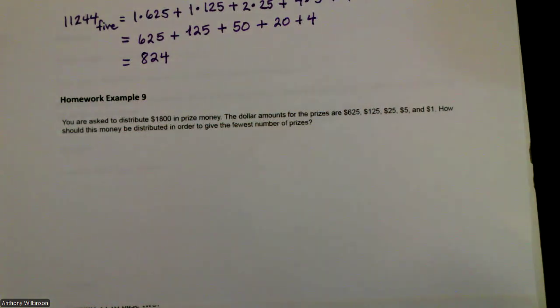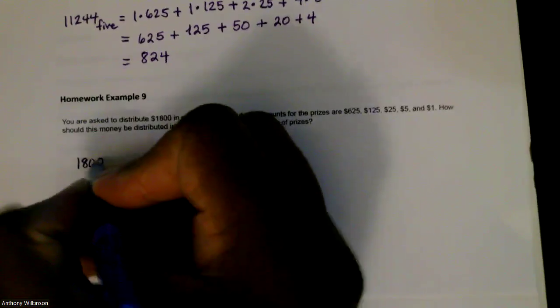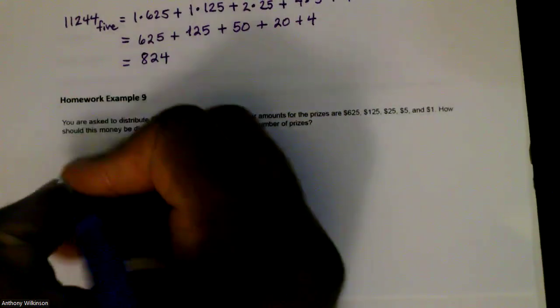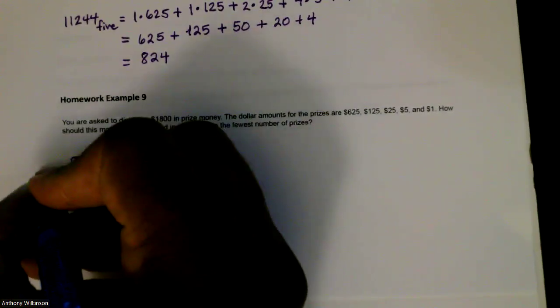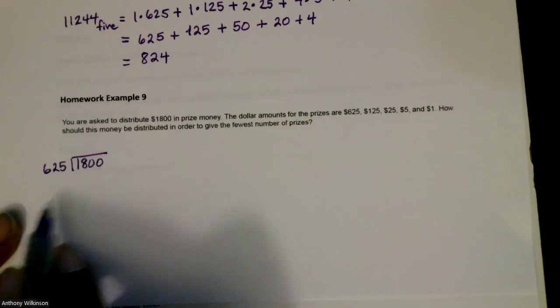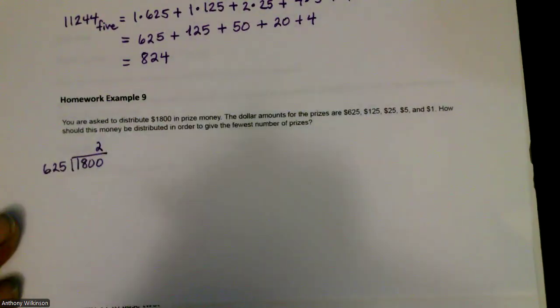All right, so we have $1,800 to deal with. We'll start with the highest amount, that's 625. Let's divide 1,800 by 625. So 625 goes into 1,800 2 times.